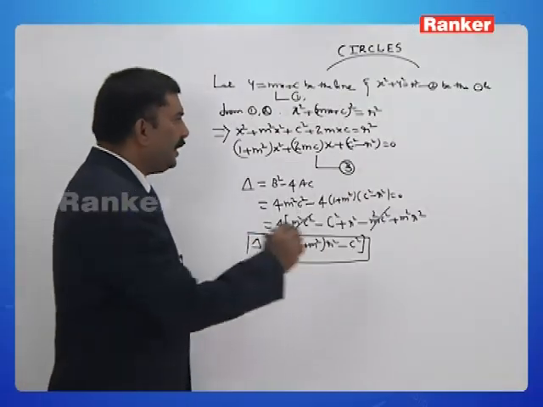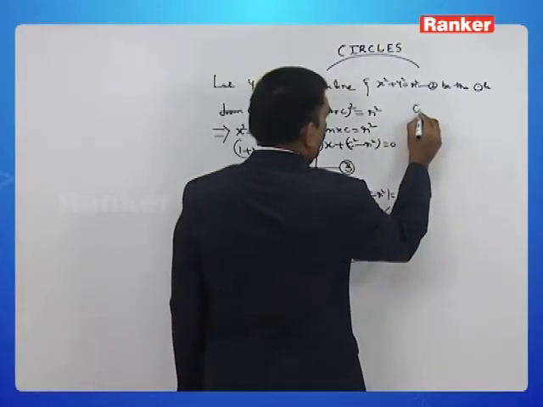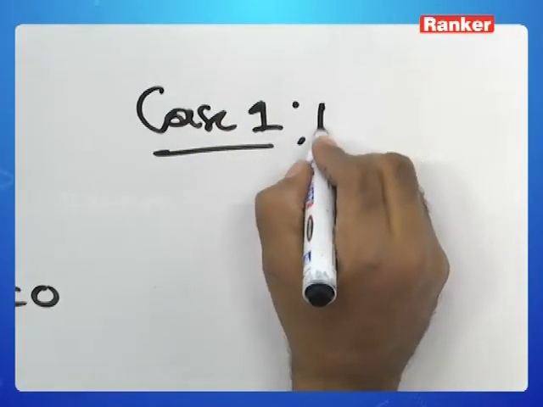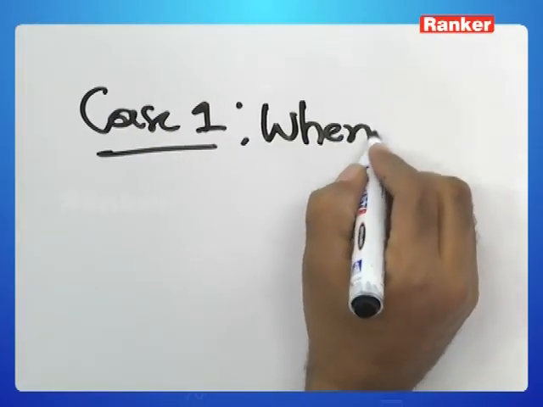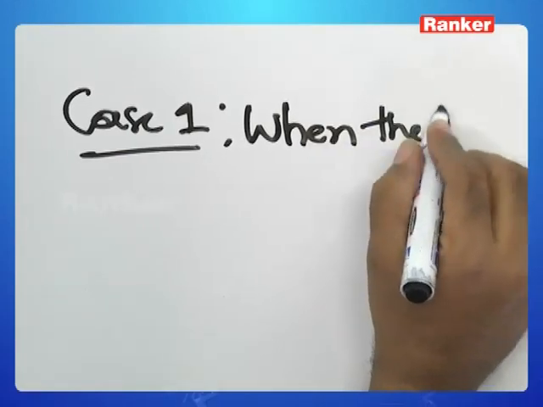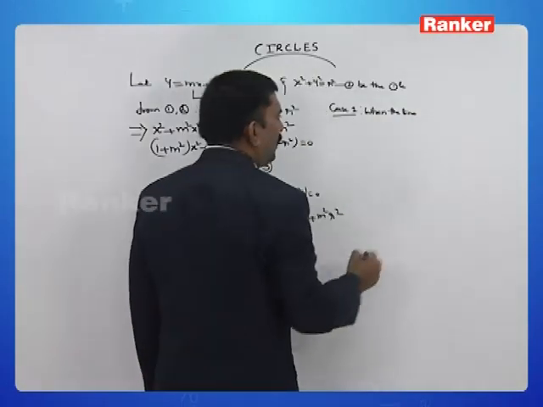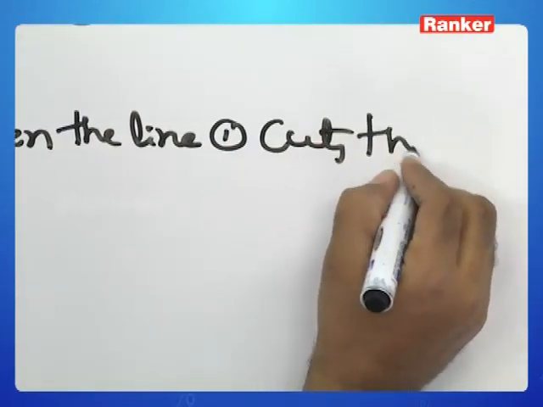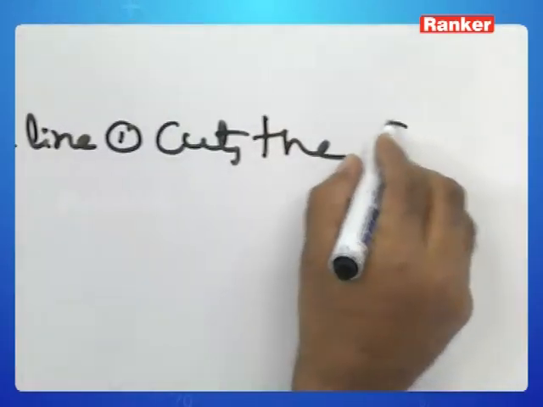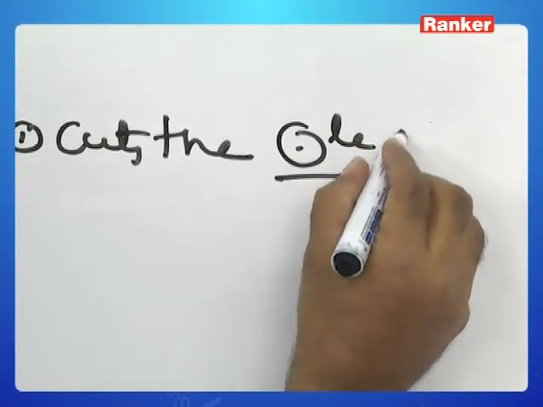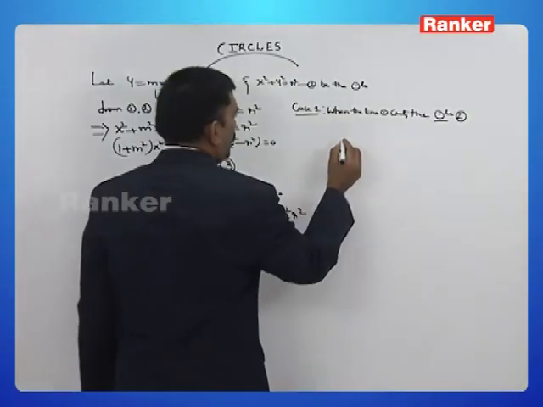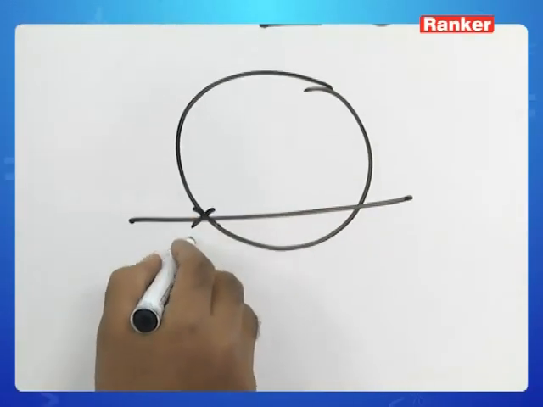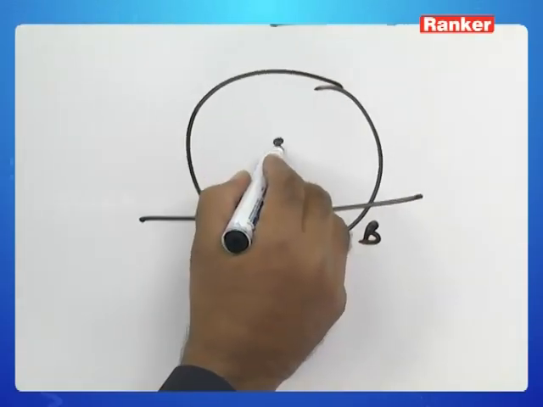Now case 1. When the line 1 cuts the circle 2, that is like this, the line meets the circle in two distinct points.